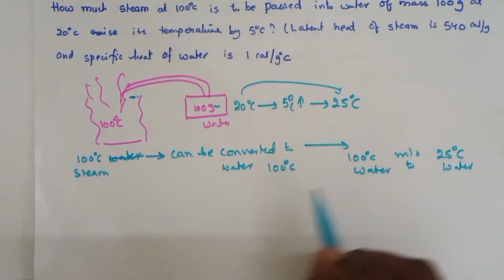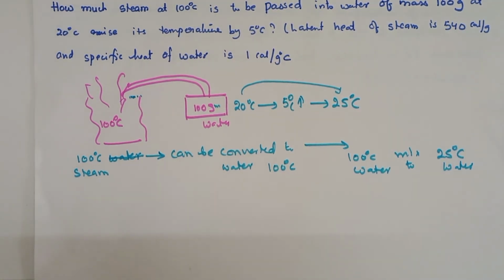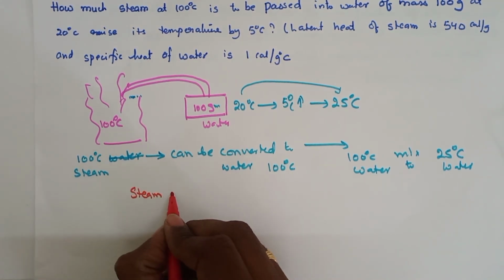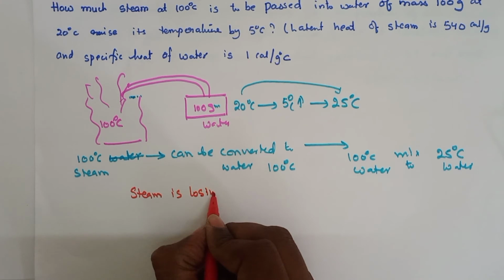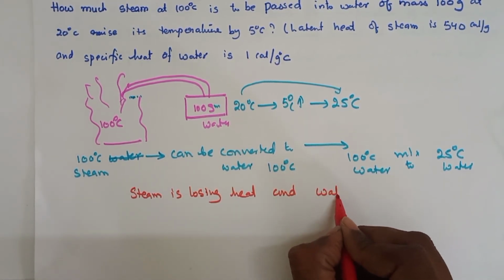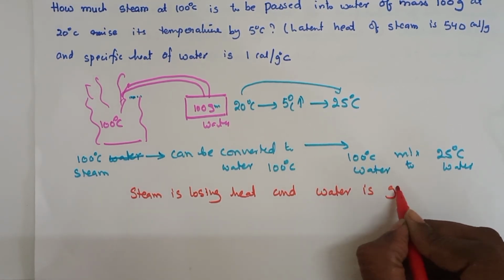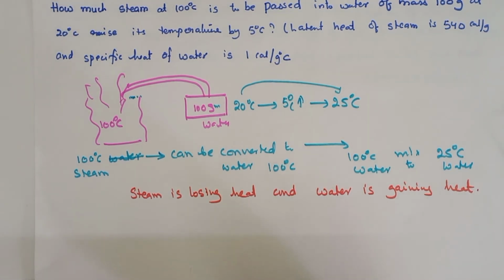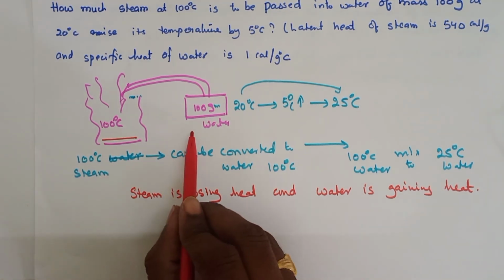So what is happening here? Steam is losing heat and water is gaining heat, right? So first latent heat is required, then specific heat is required.